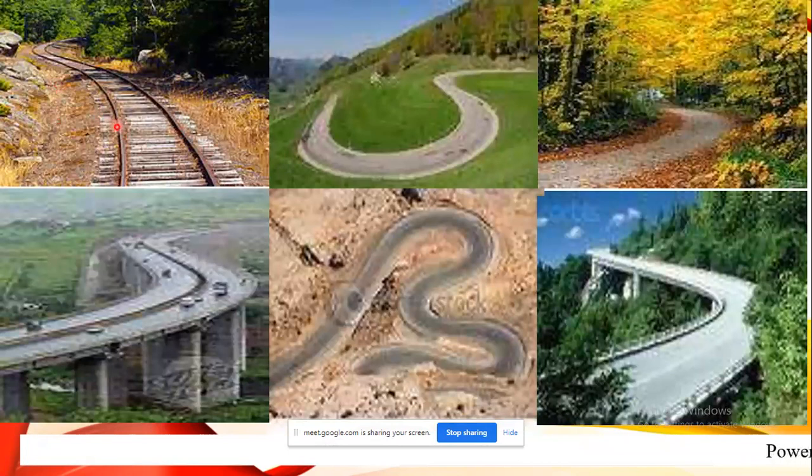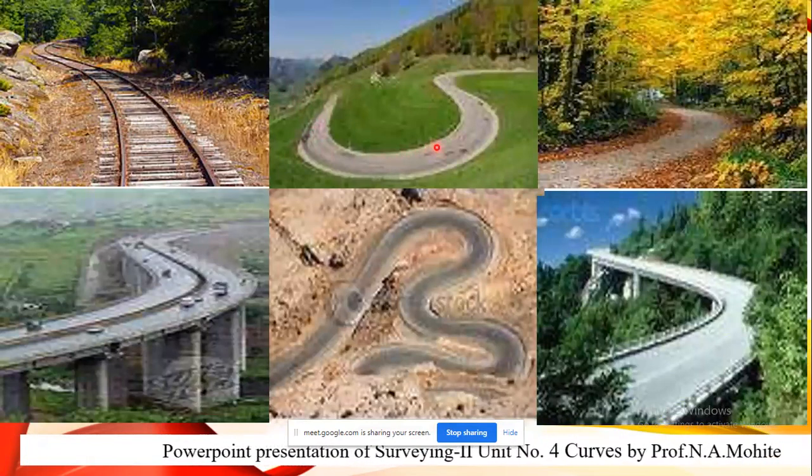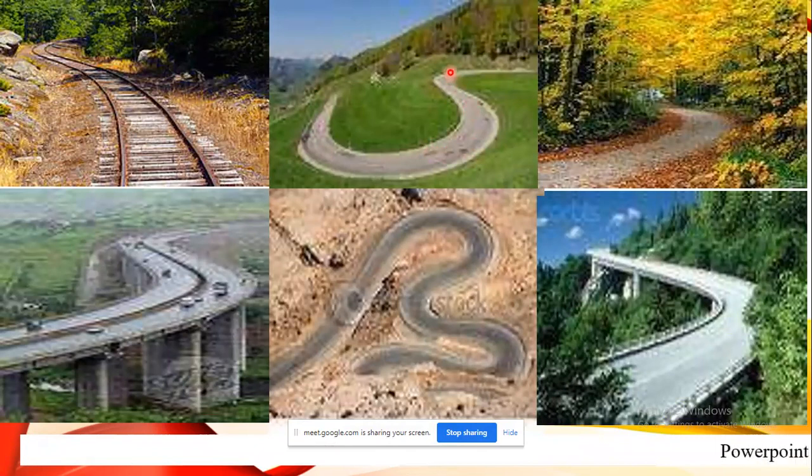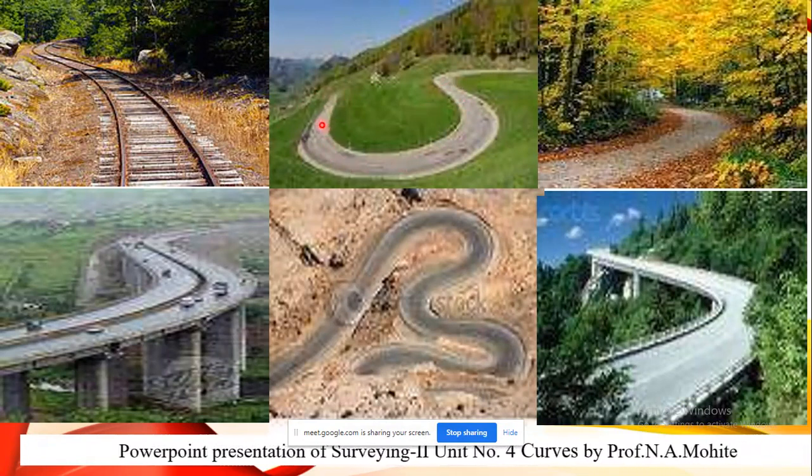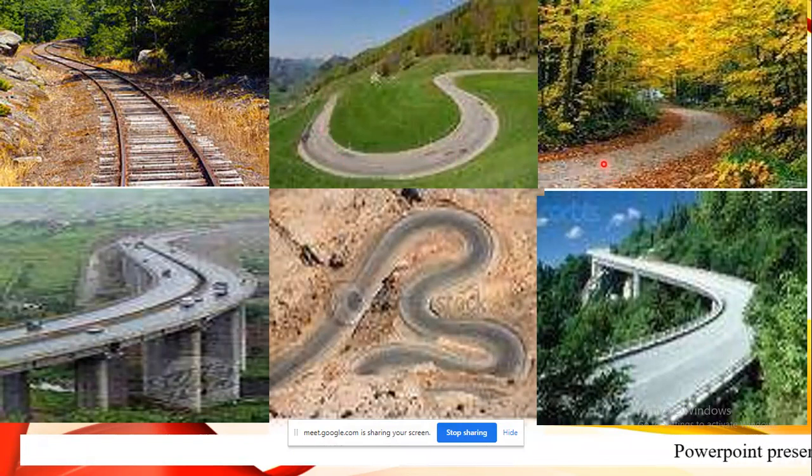So this is one kind of curve which is provided to the railway track. Here you can see a curve which is in U shape, and the road is starting from this side, or it is having a certain gradient difference, or a slope. Again you can see here there is a turning point.